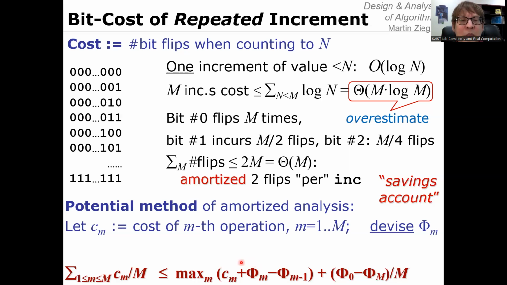Sometimes, when the cost is small, we charge more to put into the bank account and thus increase that. In other cases, when the cost is large, then we use the bank account to withdraw money and to reduce the size of this sum, so that in all cases, we want to make that sum as small as possible and therefore the maximum as small as possible.